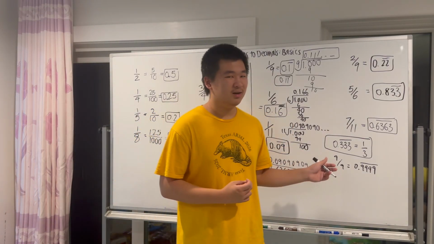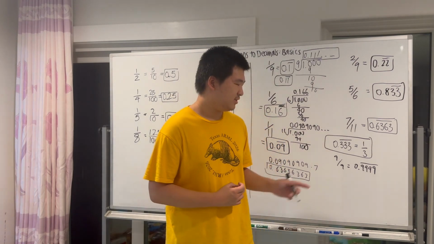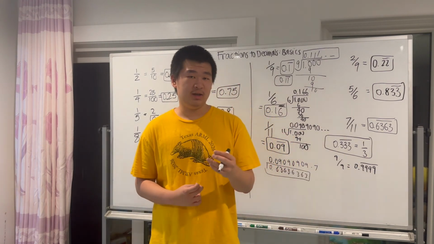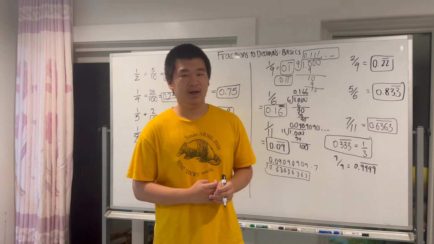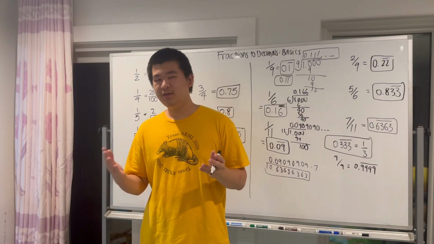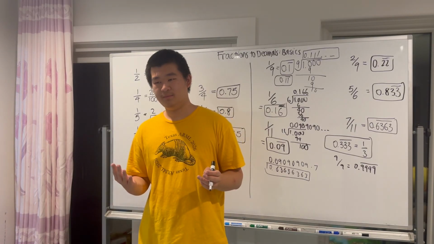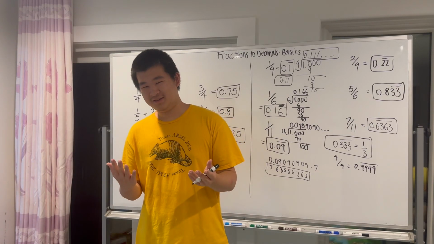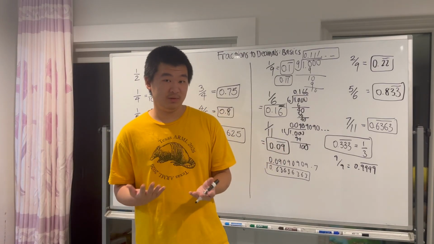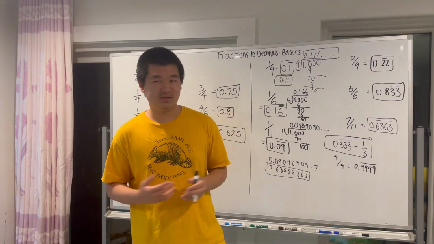But the most mathematically correct way, I think, is to say that 0.999 repeating is not a very well-defined number. But here's an idea. If you think that 0.999999 repeating to infinity and 1 are different numbers, then try to find a number that's in between them. Spoiler, you can't. So in math, we would say that they are equal because you can't find a number that's between them. And also the real numbers are dense.